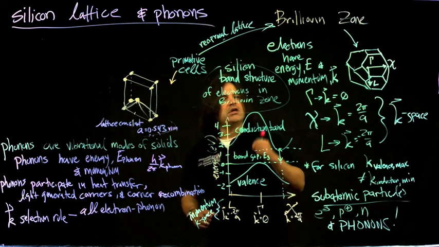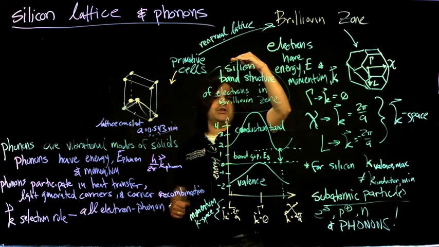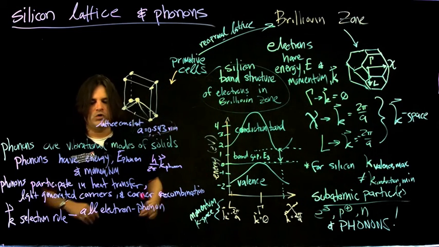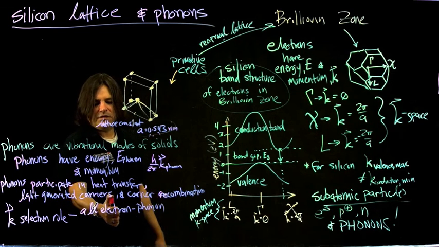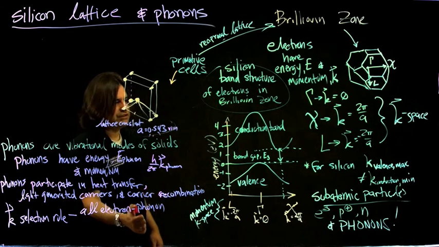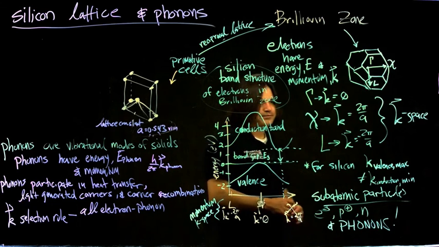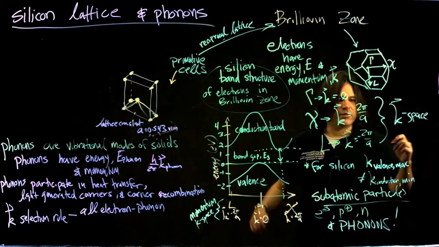So it's not only jumping the gap in energy, you also have to change the momentum as well. You can change the momentum with an electron-phonon collision, because the phonon has momentum, the electron has momentum.